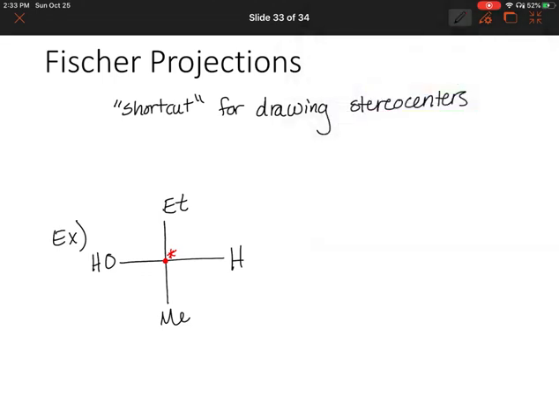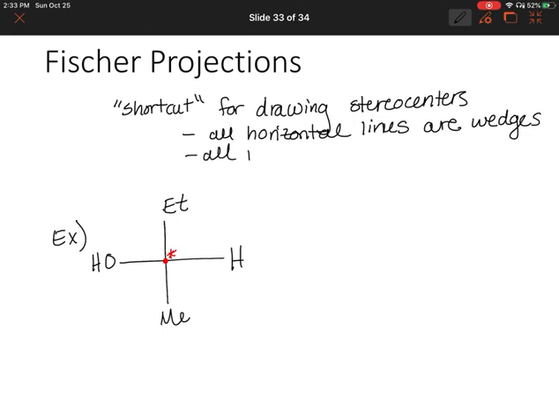Now, in a Fischer projection, we can say that all horizontal lines are wedges, and all vertical lines are dashes. So let's draw our example below so that all of the horizontal lines are wedges and all of the vertical lines are dashes.